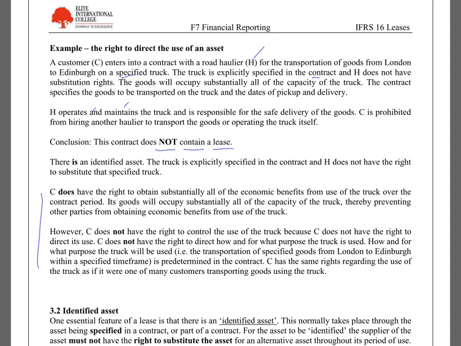Everything is specified in the contract from London to Edinburgh and what kind of goods to transport. Can I change it? Cannot. Can I use it for myself or another purpose? Cannot, because it's already specified. And then who maintains? The haulier maintains and operates. It means I have no right to use it for whatever purpose or reason. So therefore, this contract does not contain a lease.